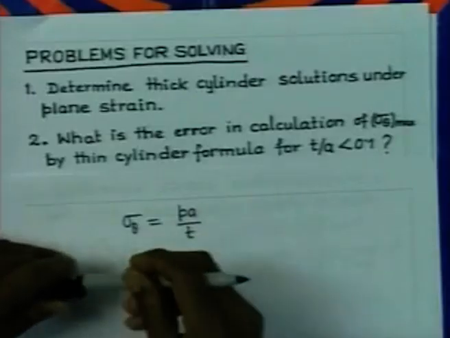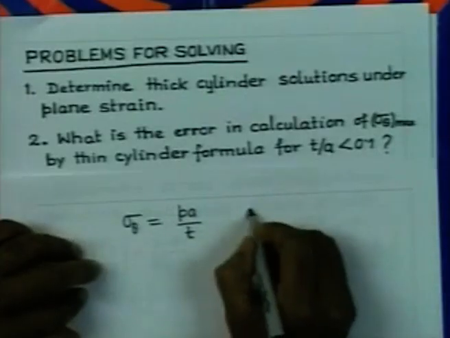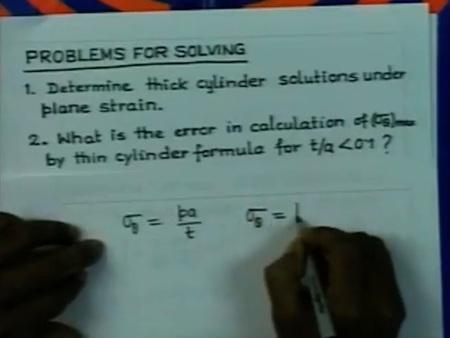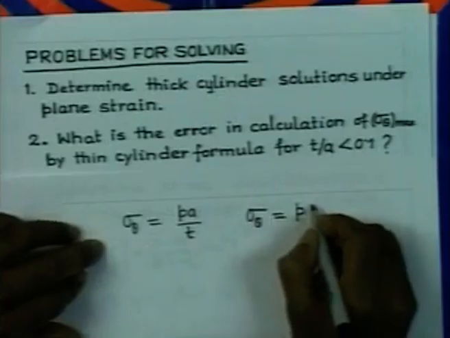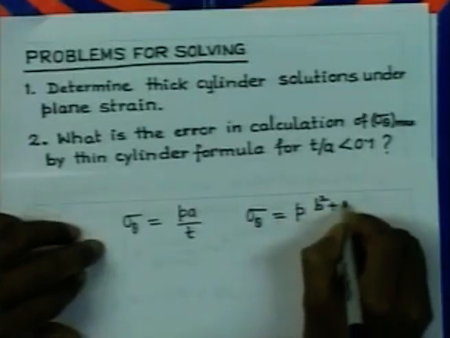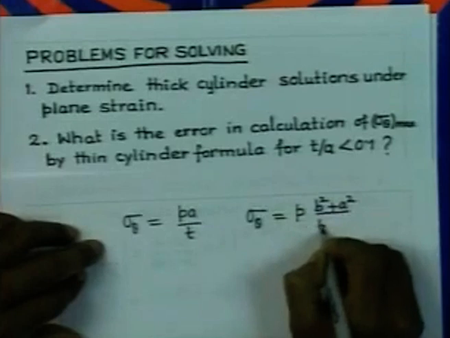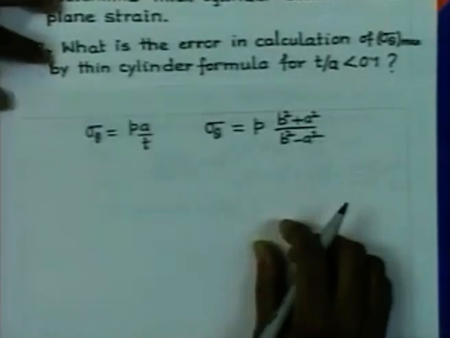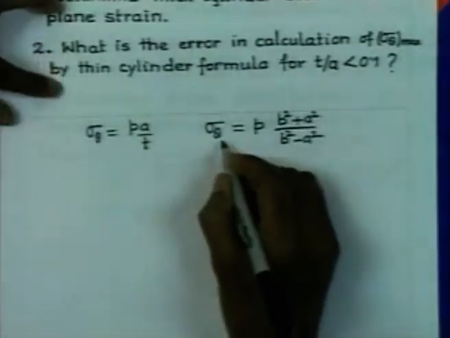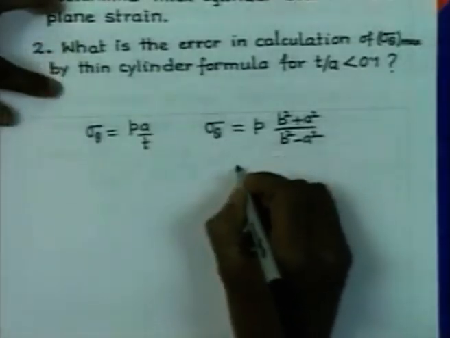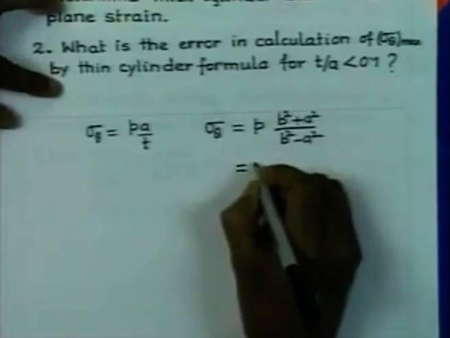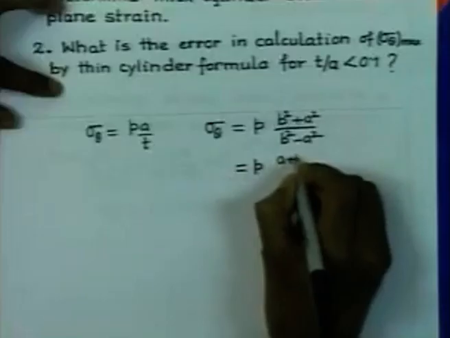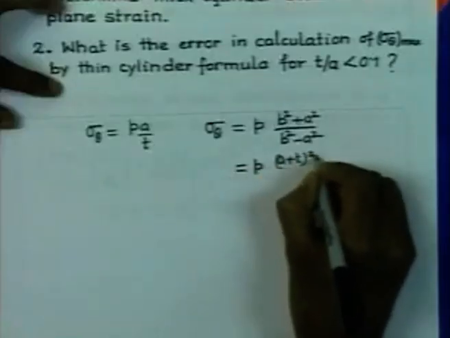But if you consider a thick cylinder, the hoop stress is maximum at the inner radius, and this is given by P into (B square plus A square) by (B square minus A square). So, the maximum stress is going to be at the inner radius, and now you can write this B as A plus T whole square.